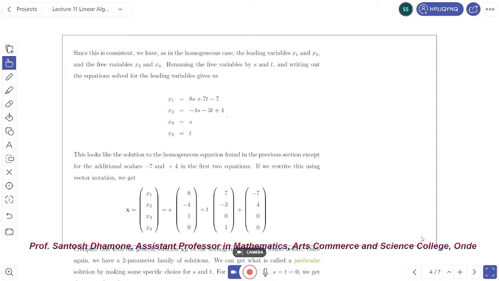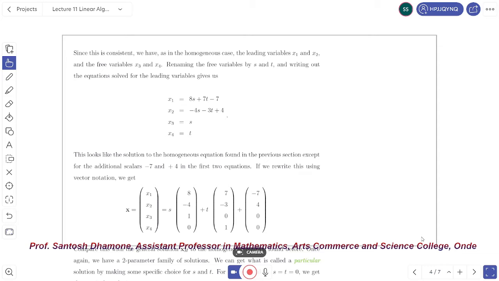Since this is consistent, we have, as in the homogeneous case, the leading variables x1 and x2 and the free variables x3 and x4. Renaming the free variables by s and t and writing out the equations solved for the leading variables gives us x3 is equal to s, x4 is equal to t.